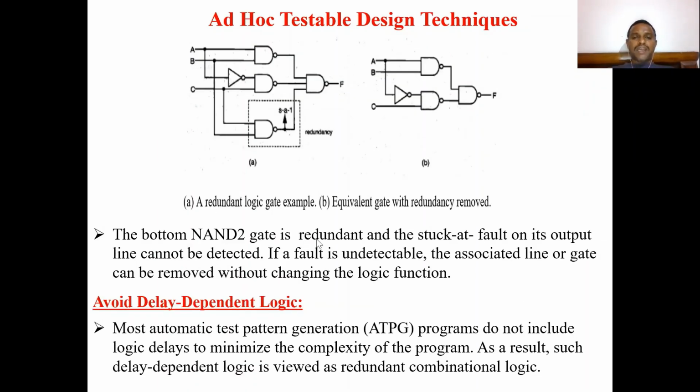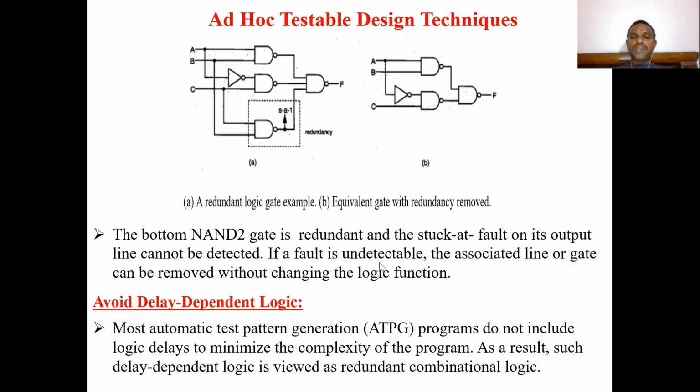The bottom NAND gate is redundant, and a stuck-at fault on its output line cannot be detected. If you draw the remaining circuit, it will also give the same output, so there is no need of this gate.